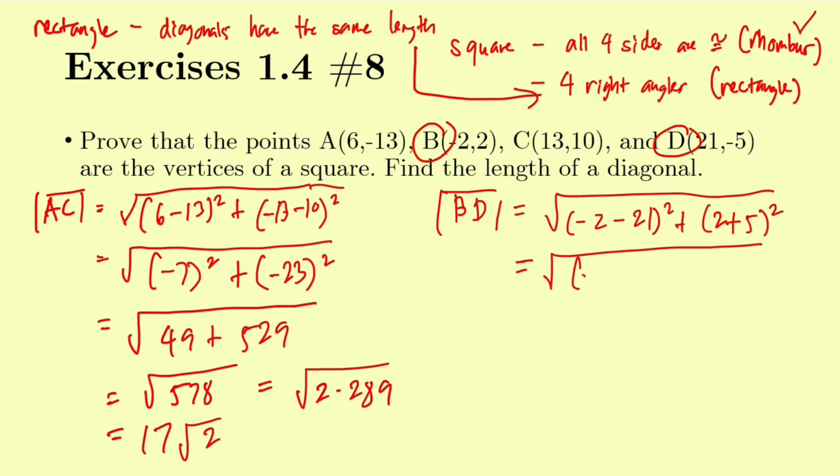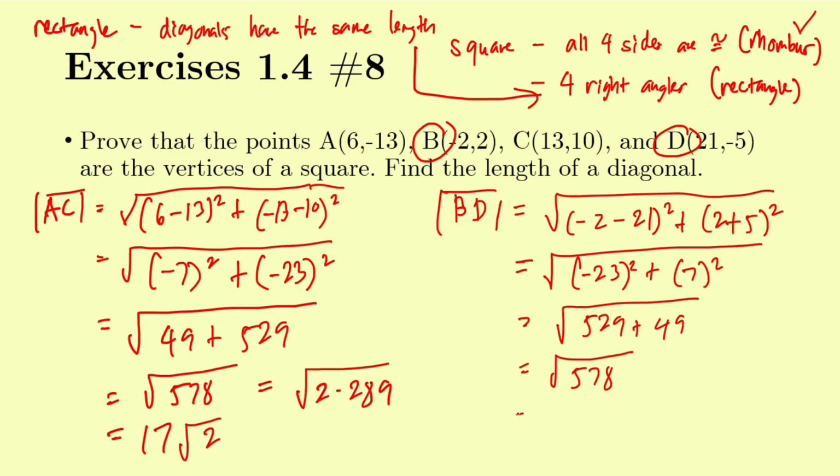That's equal to negative 23 squared plus 7 squared. That's equal to 529 plus 49. And that's equal to the square root of 578, which is the same. Kasi ito, magiging 2 times 289 ulit siya, which results in 17 square root of 2.